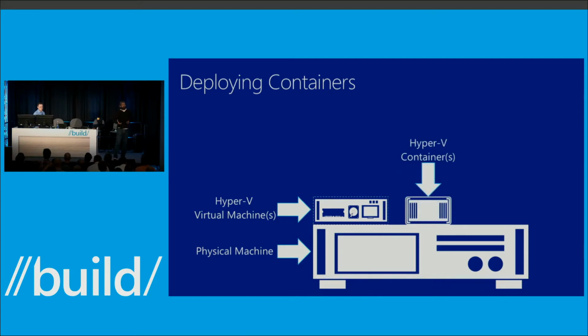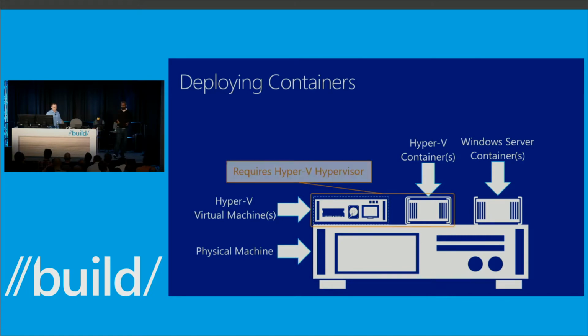You can have Hyper-V containers running on the physical machine alongside the virtual machines. You can have Windows Server containers running alongside the Hyper-V containers, running alongside the virtual machines, all running on the same physical machine. And that's perfectly valid.